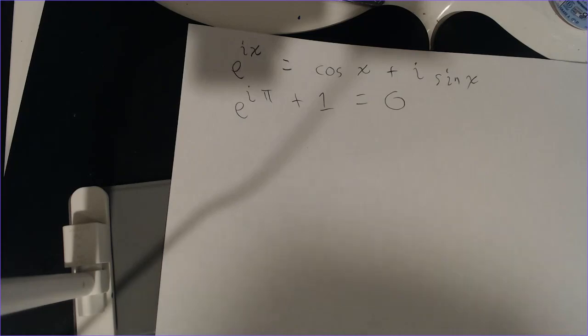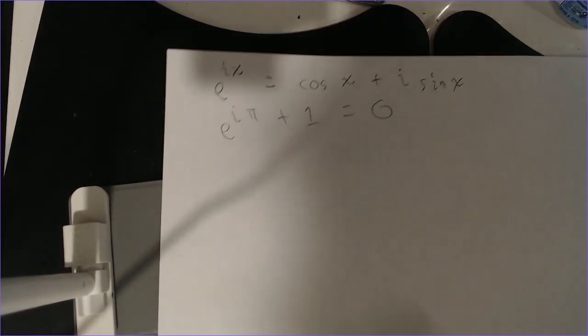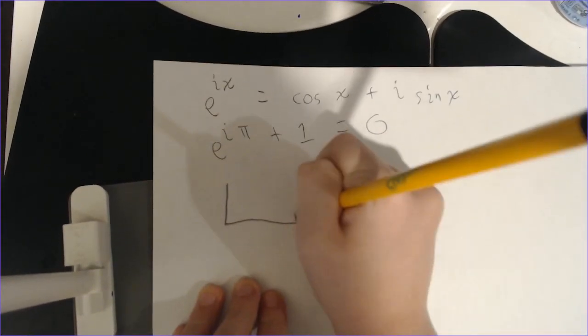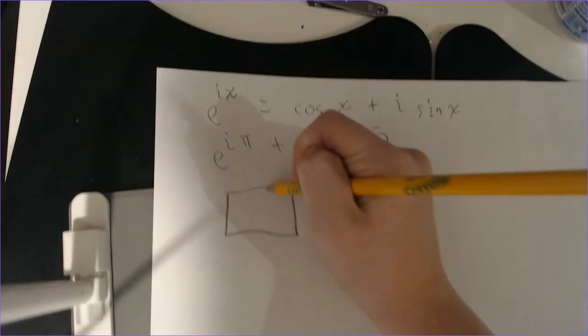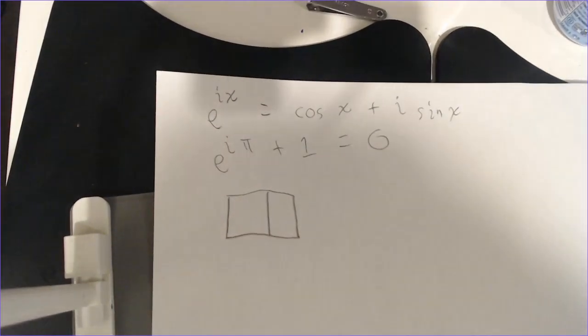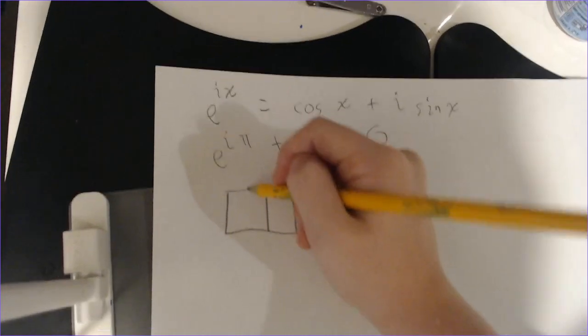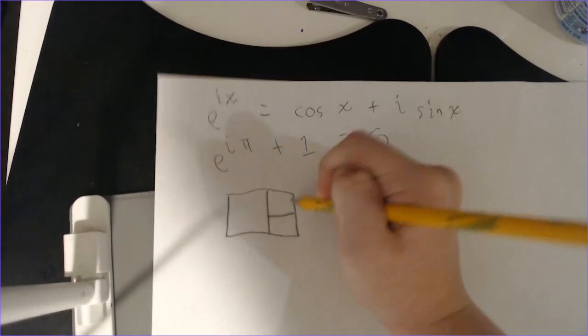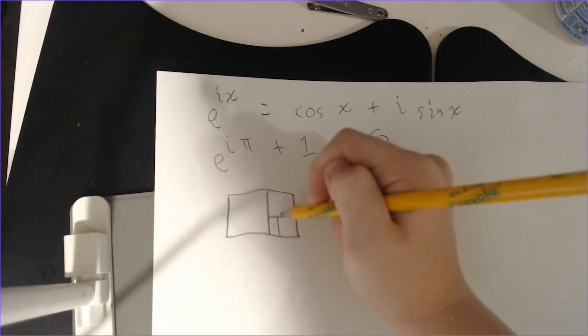Now, let's get into the golden ratio. If you don't know, the golden ratio is the ratio of the sides of a rectangle so perfect they can divide it into a normal square and then another golden rectangle. And you can do it again and again.